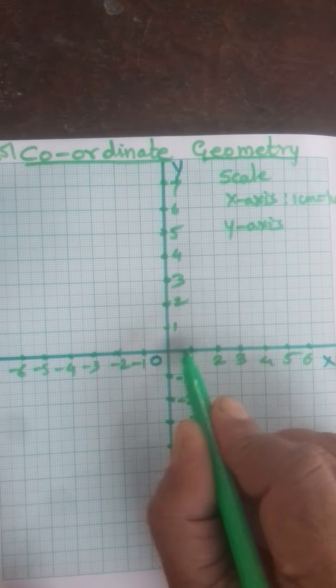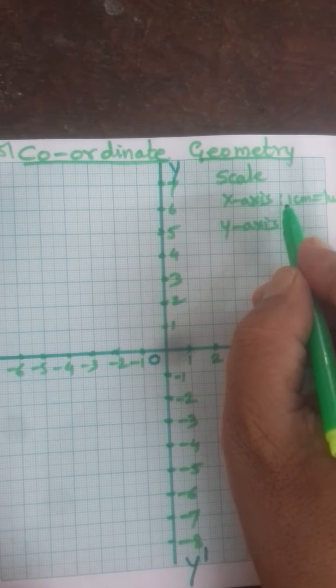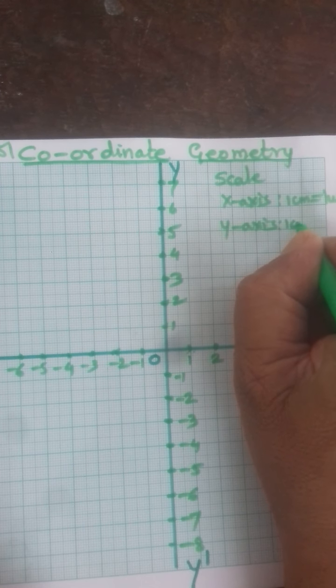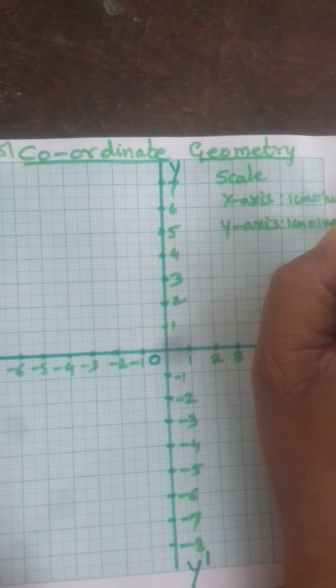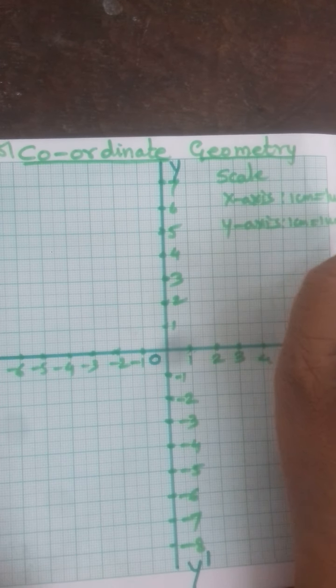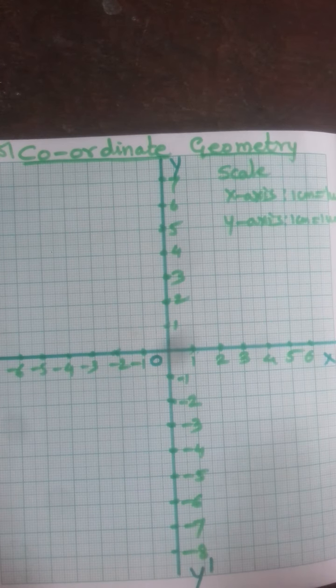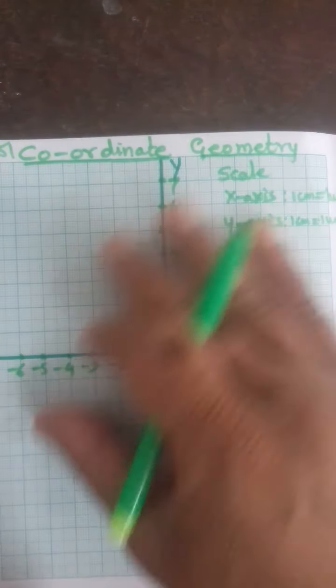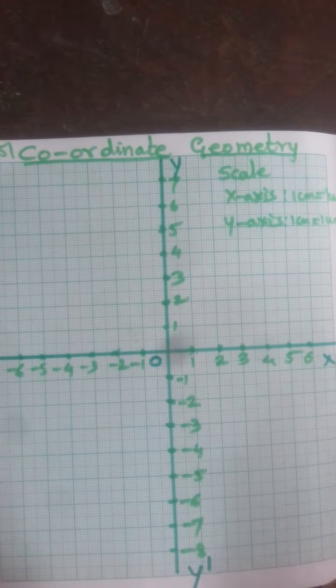If we write the table of 2: 2, 4, 6, 8, 10, then take 1 centimeter equal to 2 units. On the y-axis I have written the same, 1 centimeter equal to 1 unit. Now see, this Cartesian plane of x and y axis is divided into 4 quadrants.